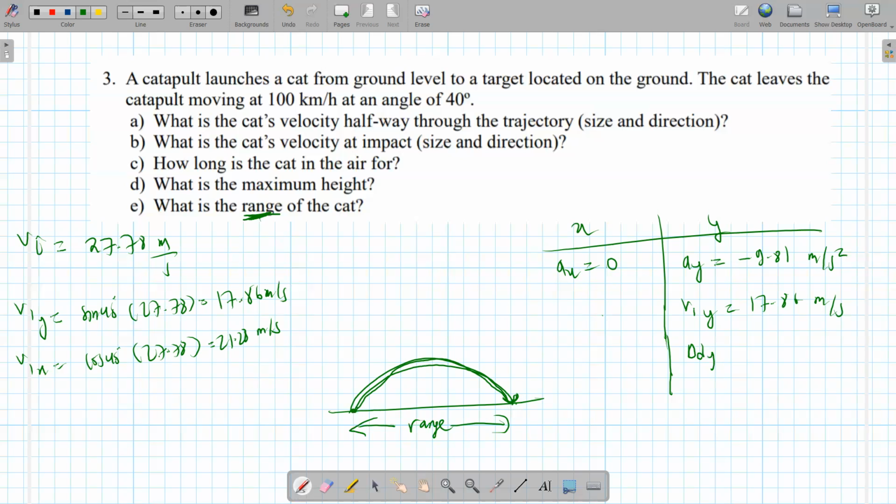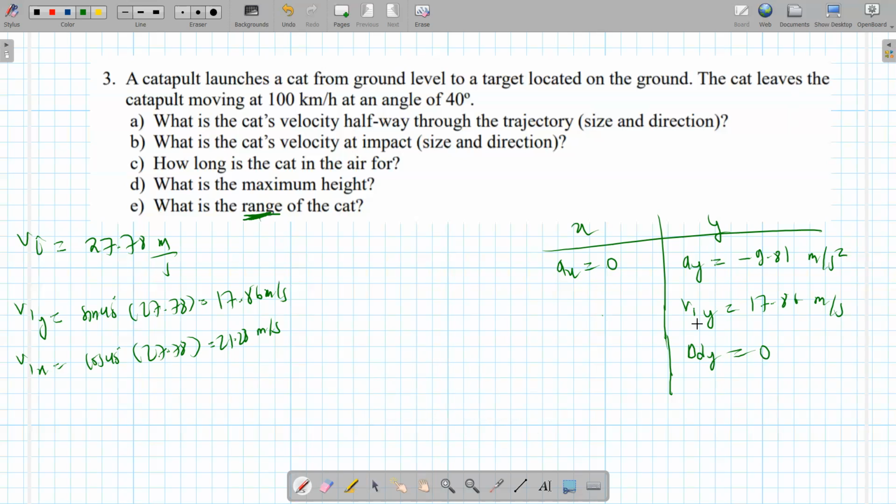That is 0, because you shoot it from here and the cat ends up at the same level. The change in height is 0 in the y direction, because it lands on the ground.